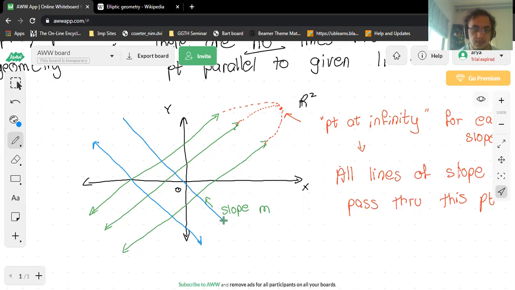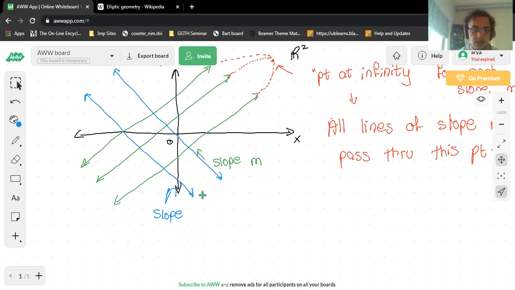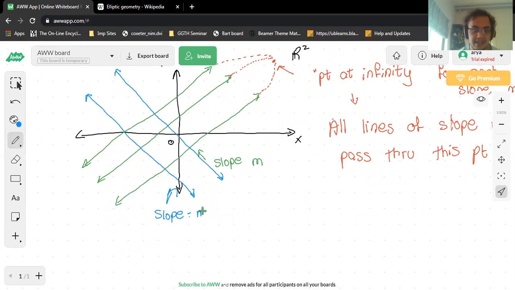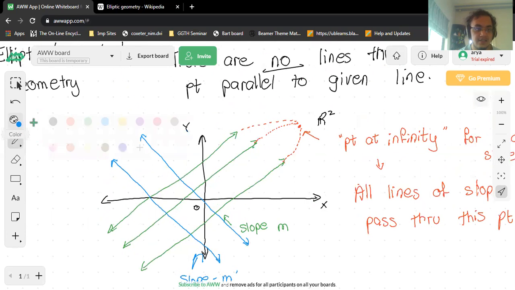Suppose the blue lines have slope equal to some m dash. Then corresponding to the blue lines, there would be a different point at infinity, and the blue lines would then go on to meet that point at infinity.